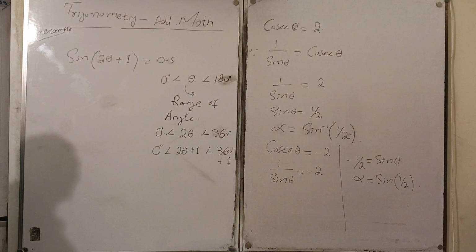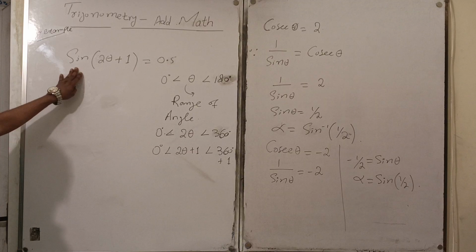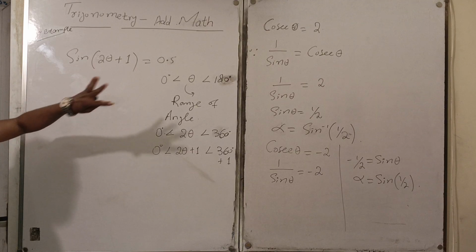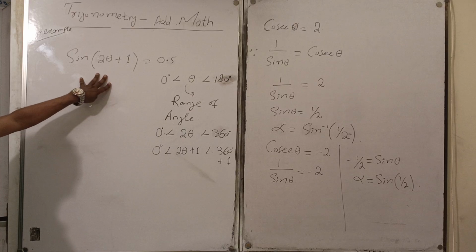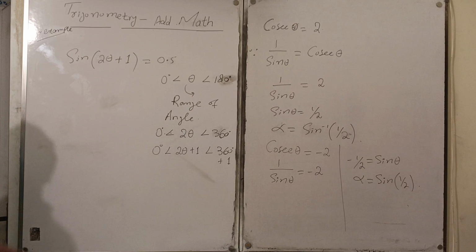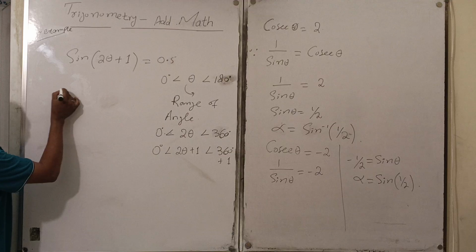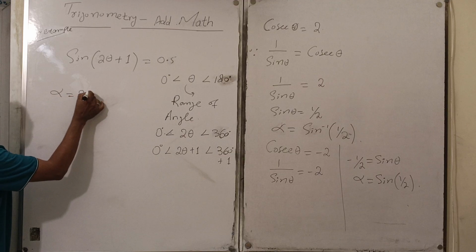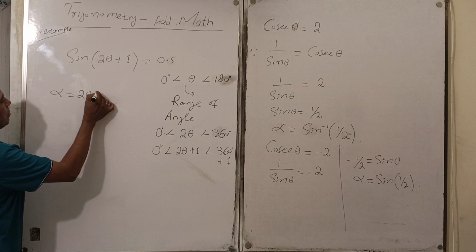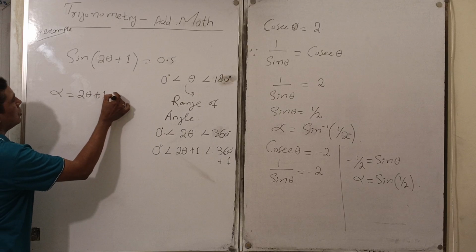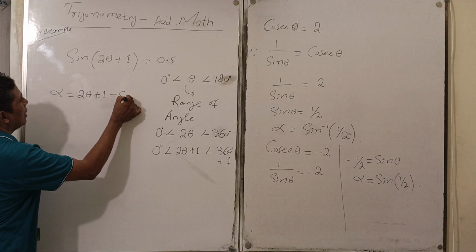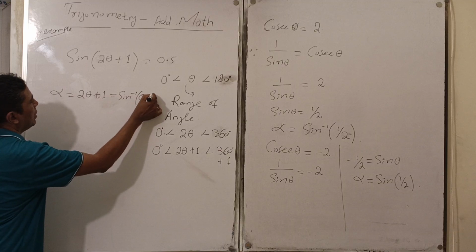Now you have to plot. Again you will take the sine inverse of 0.5 and plot this angle. Finally you can find the value of your alpha: 2 theta plus 1 equal to sine inverse of 0.5.